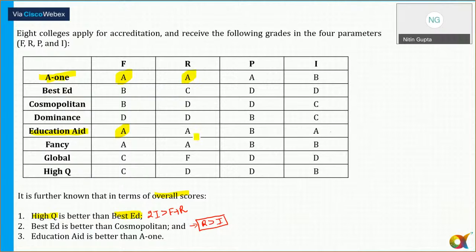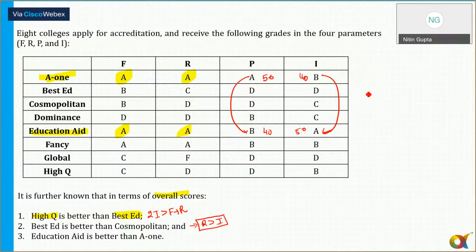The categories are A and A. Only in the category P, this is A, B, and B and A. So the change, which one is better, is decided on these two parameters. So here A is equal to 50 and B is equal to 40. And here it is 40.